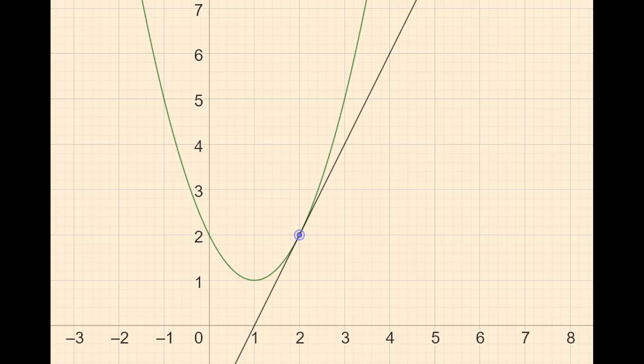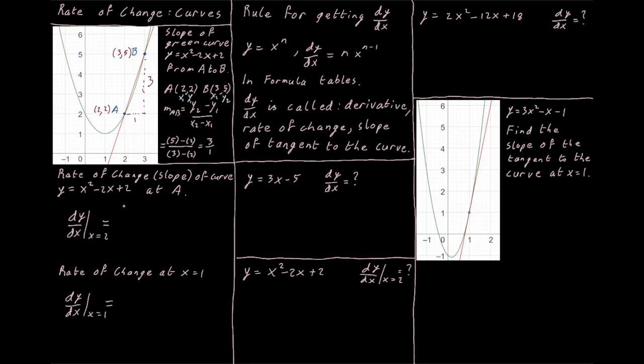So the slope of the tangent to the curve, or the slope of the curve at that point, is going to be 2. So I can go back to my grid and I can write that in. My slope at A is going to be 2 over 1. So run across by 1, rise by 2.